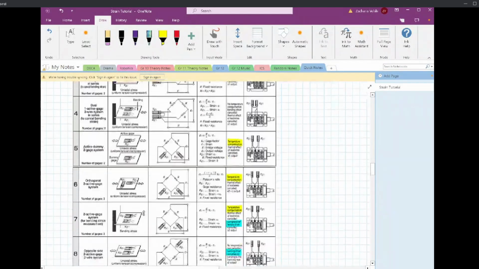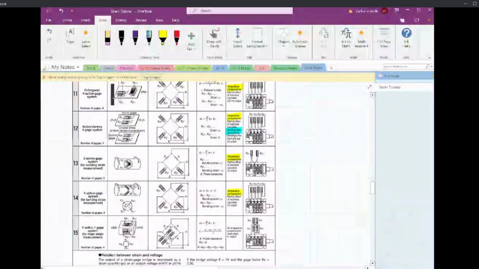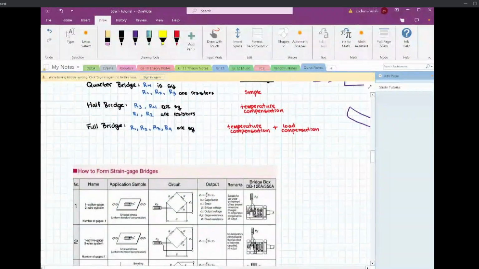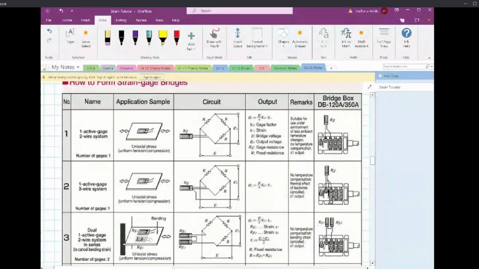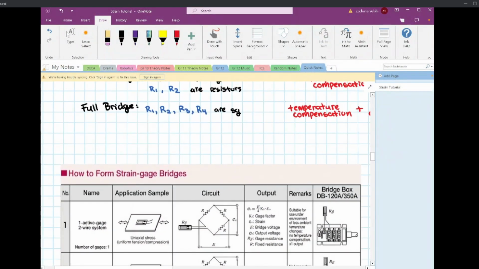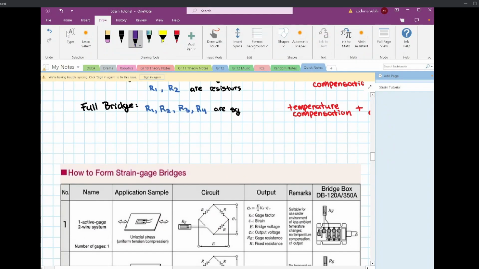This is a really nice table that I found. It talks about all the different bridge configurations, how to form your circuit, and where to put your strain gauges for all the different kinds of stress or load that you're expecting. For this first one, for example, which is one of the more basic ones, you're only seeing uniaxial loads.